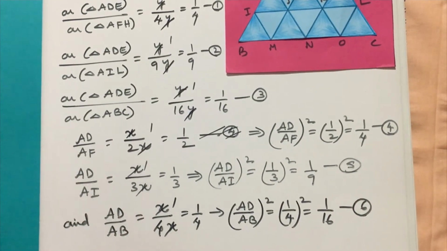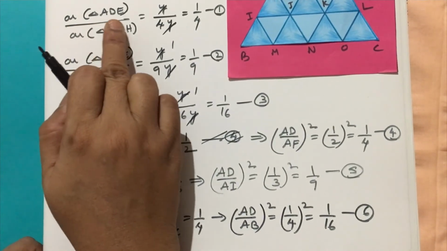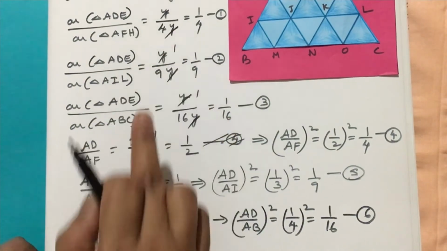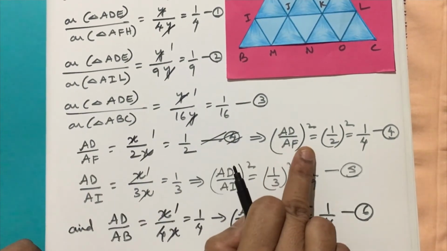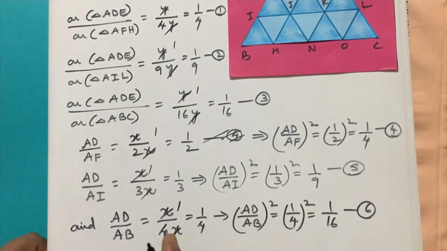So when we look at this first equation, area of triangle ADE by area of triangle AFH is equal to how much? 1 by 4. And here in equation 4 you take AD by AF whole square, is equal to how much? We got 1 by 4.